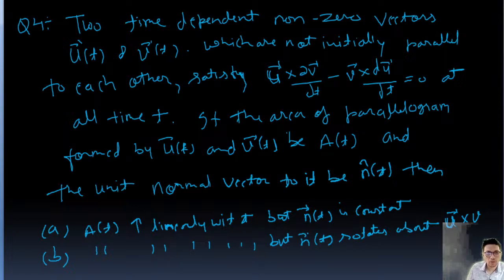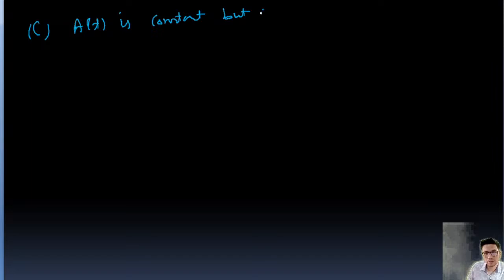Option C is A(t) is constant, but n, which is a function of t, rotates about u cross v.